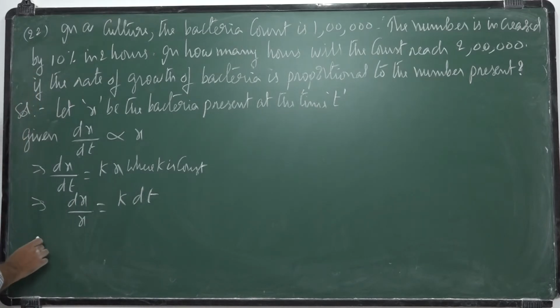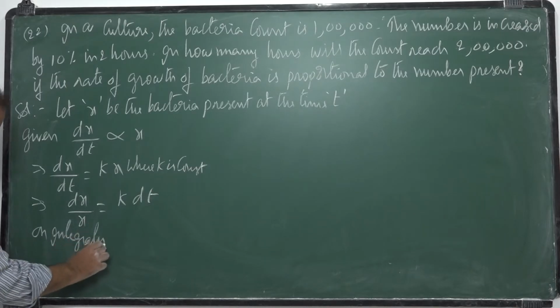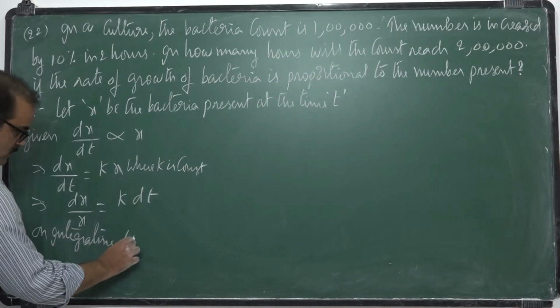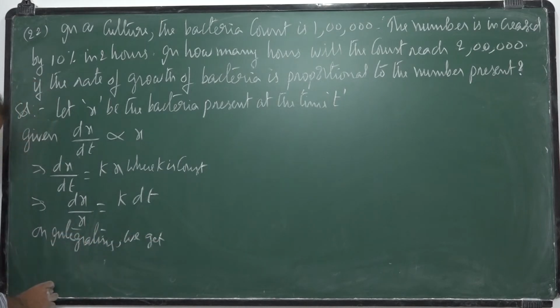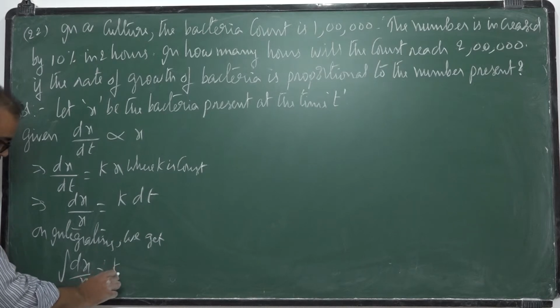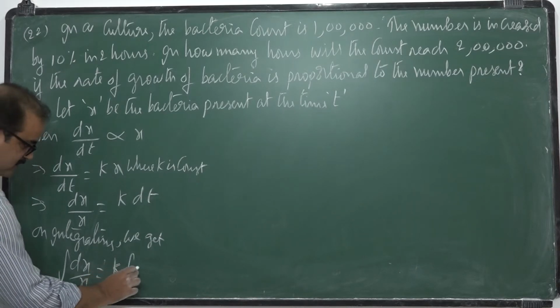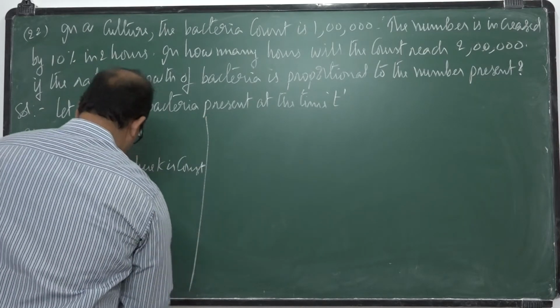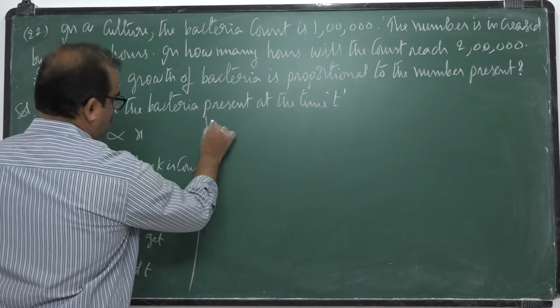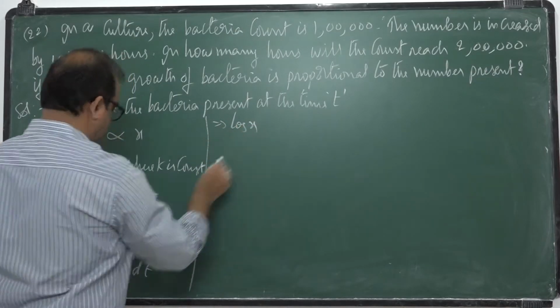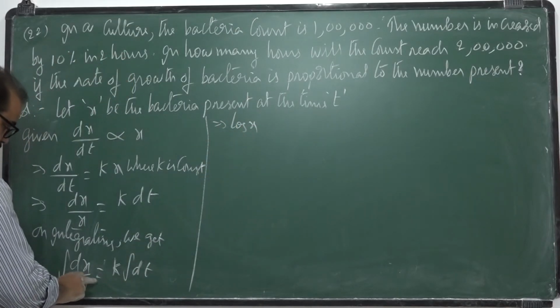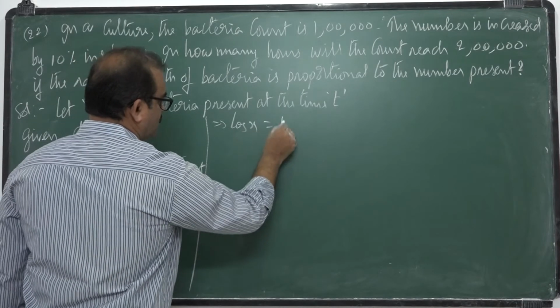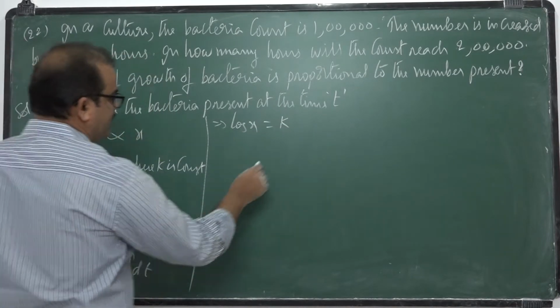Now integrating, we get integral dx by x is equal to k into integral dt.